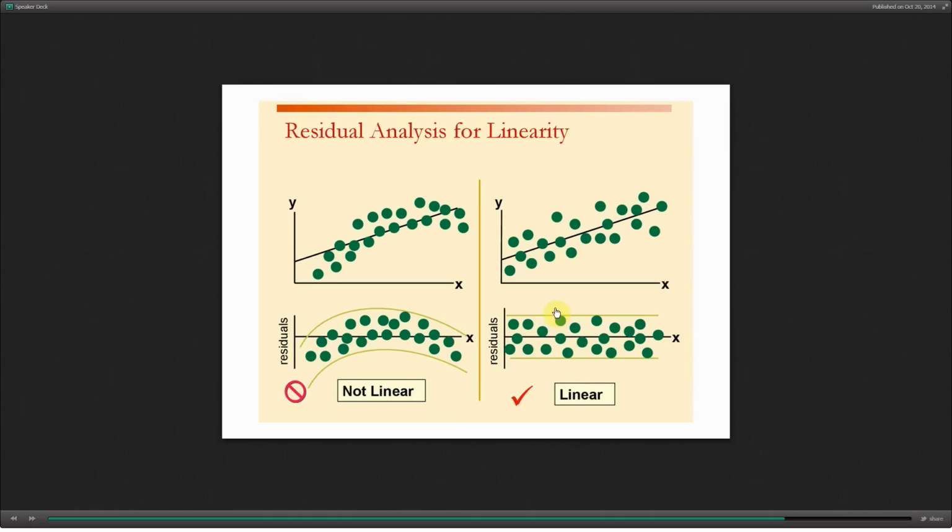That means that the assumption of linearity holds. So if there does seem to be a relationship, or any pattern, then it's not linear. If you see no pattern like this, meaning that as I change x, it doesn't seem to do anything to the errors or the residuals, then the assumption of linearity holds.